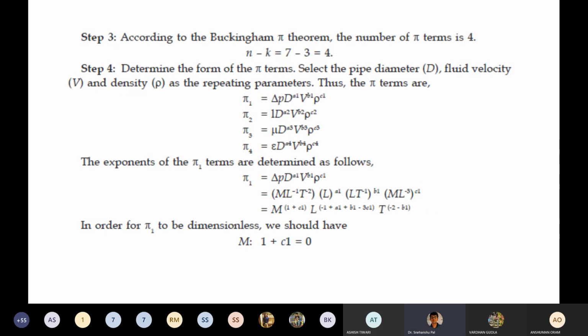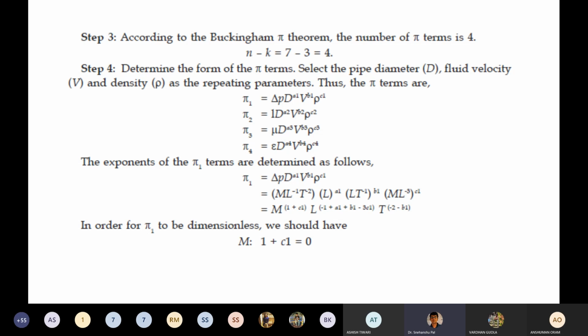Now we are coming to step 3. According to the Buckingham pi theorem, the number of pi terms will be 4. How? Because n equals 7 and the number of basic dimensions k equals 3.